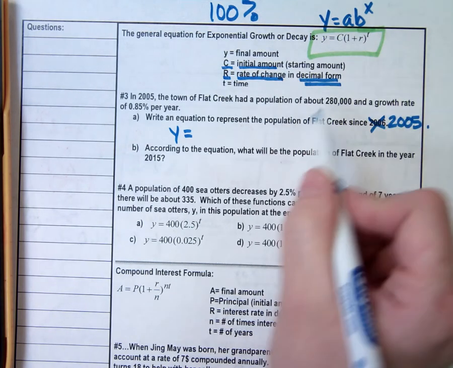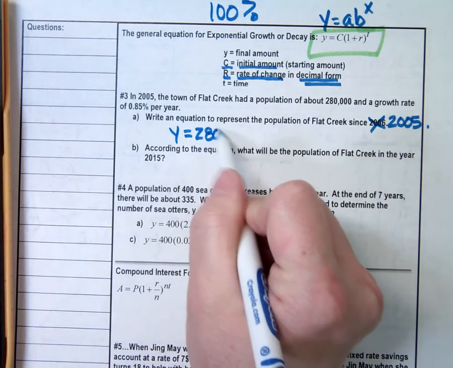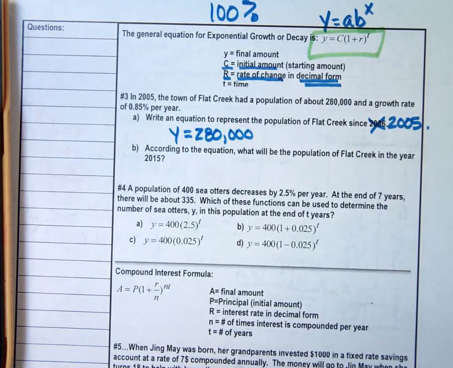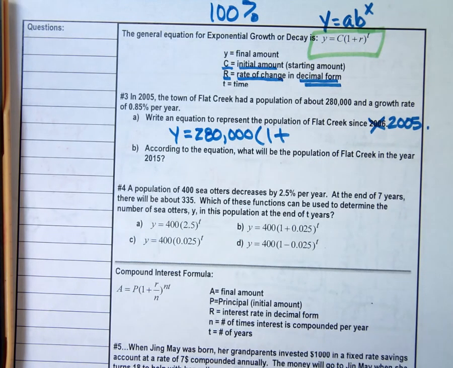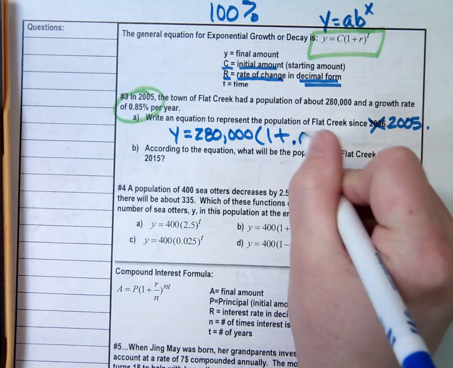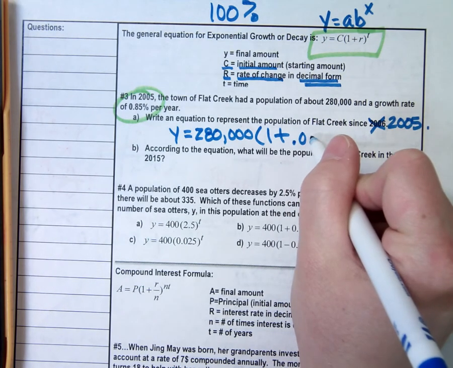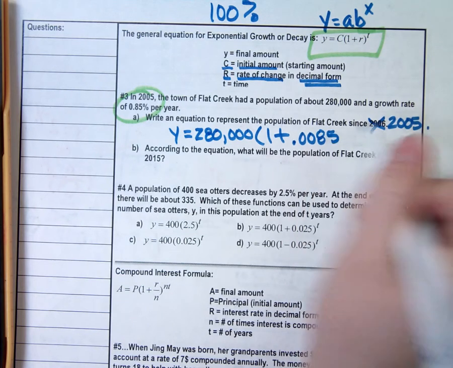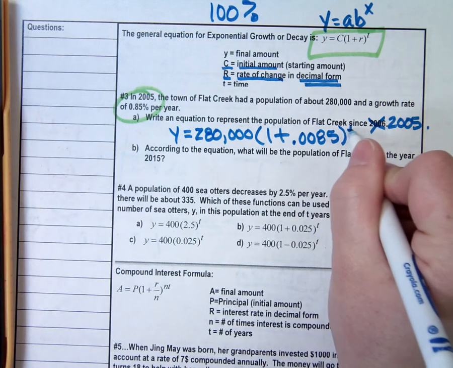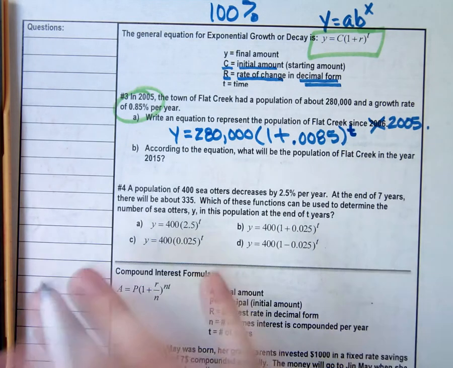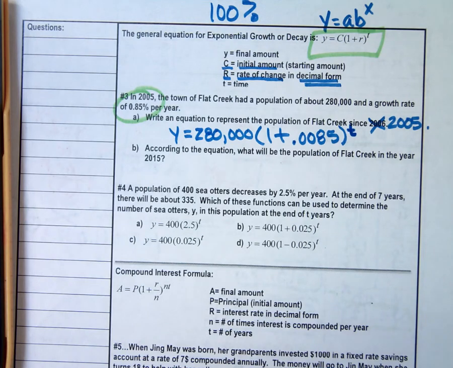Yeah, C is our initial amount, and we start with a population of 280,000. Okay, parentheses, 1 plus r. r is your rate of change, and it has to be in decimal form. Do you see a percent sign there? Yes. So I need to move the decimal twice to the left, which would give you 0.0085. And then raised to the t. So this is the equation that we can use to work with this problem.